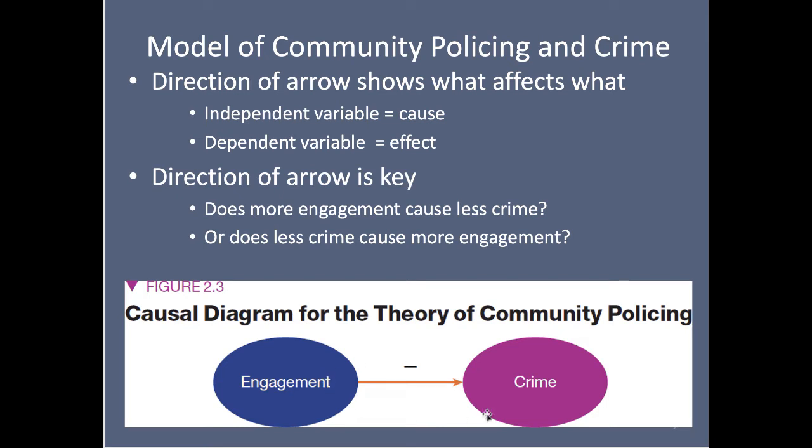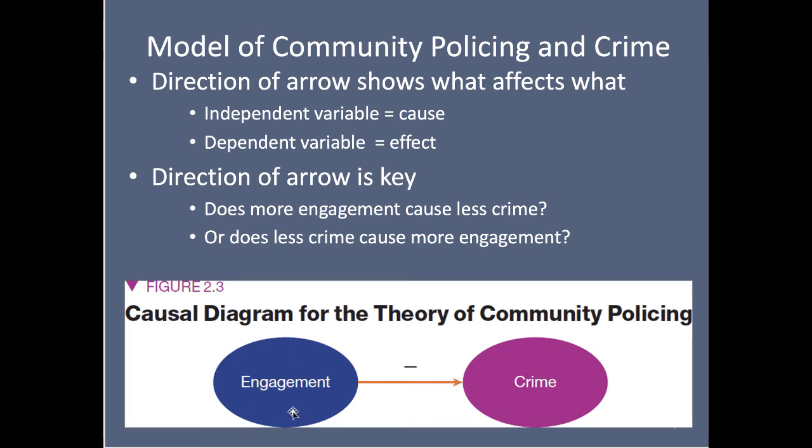So the arrow is incredibly important. In the next edition, I'm going to make that arrowhead much larger. I'm trying to do that in my talks, because that direction is incredibly important.